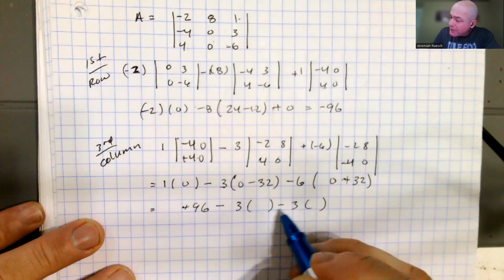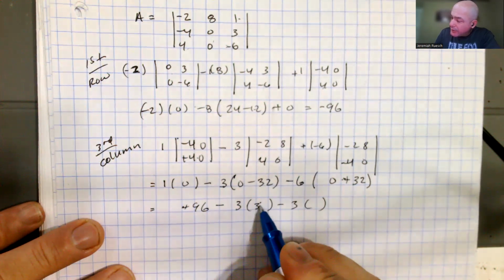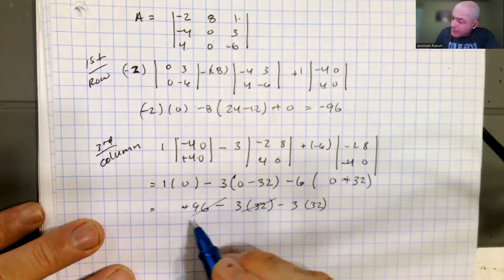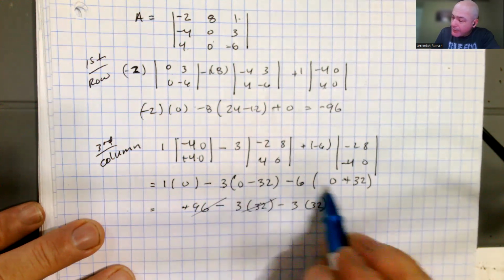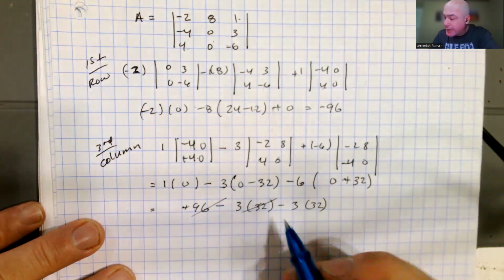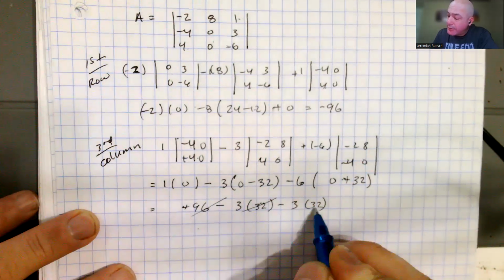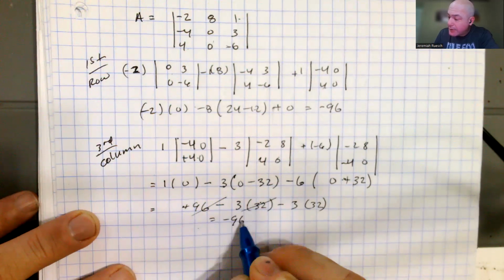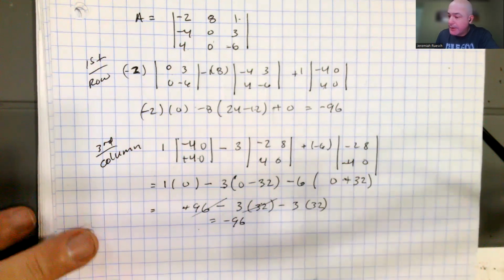And just recognizing that this is 32 inside, and this is 32 inside, well, this and this are exactly the same thing, right? -3 times 32. So we have left -3 times 32, which we already saw was a -96, which calculates to what we saw above, as we would expect.